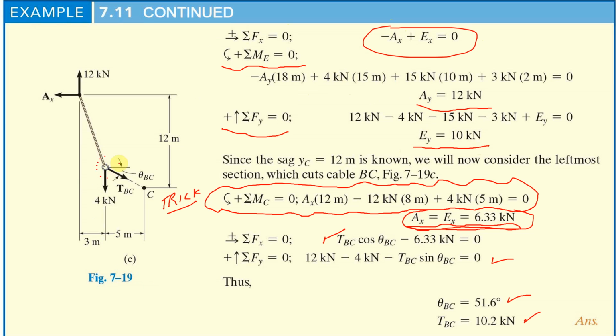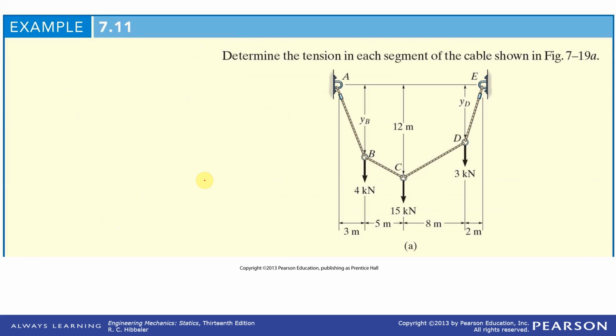But we got to consider this first. Moment about C has to equal 0. So this tension would not influence that moment. Let's see, go back a second. There it is. C is right here.